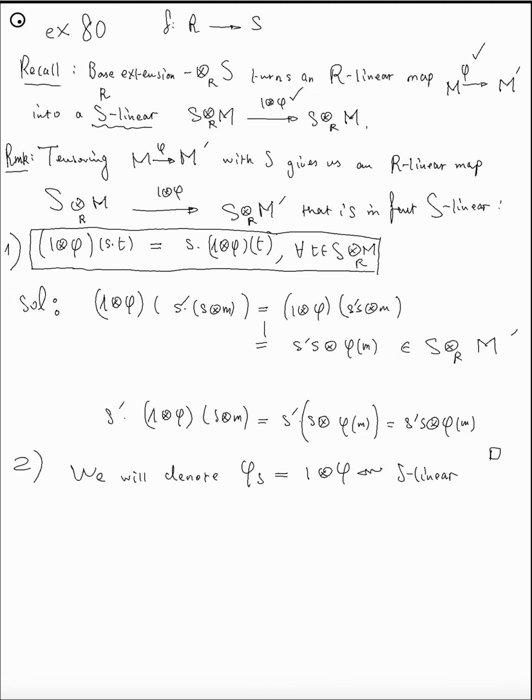So in particular, phi_S is from S tensor M to S tensor M prime. Small s tensor m is mapped to small s tensor phi of m, right?